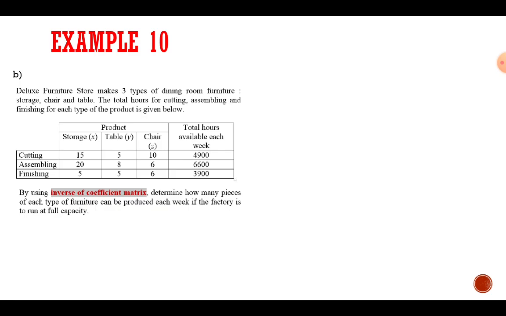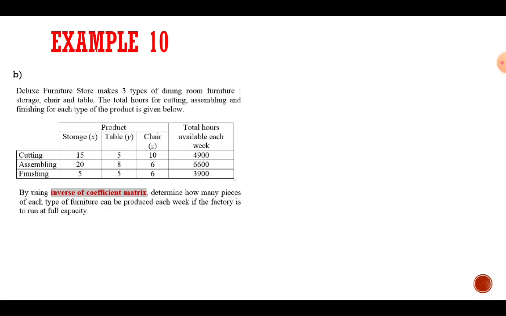Okay, so maknanya dia bagi dah value ni. Soalan ni dia suruh by using inverse of coefficient matrix, determine how many pieces of each type of furniture can be produced each week if the factory is to run at full capacity.